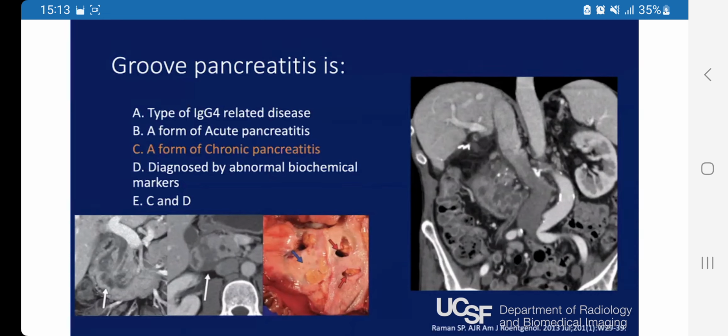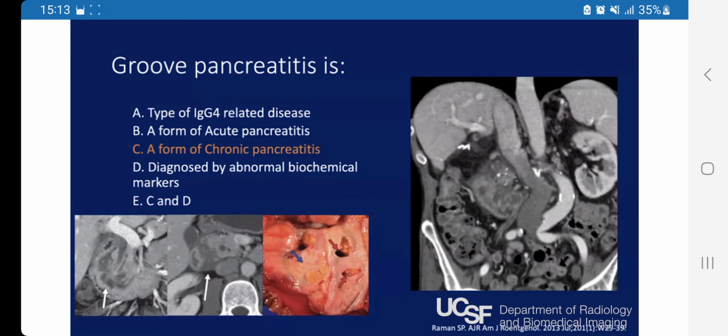Sometimes it can appear as acute pancreatitis, maybe superimposed, or we may have acute pancreatitis in that location near the pancreaticoduodenal groove. But the typical groove pancreatitis is a chronic pancreatitis with those cystic changes. Groove pancreatitis can be tricky because PDAC in that location can look exactly the same. So we have to keep a close eye on it.